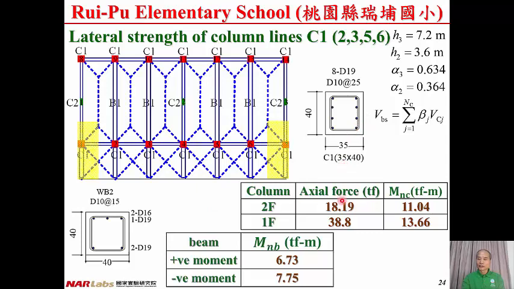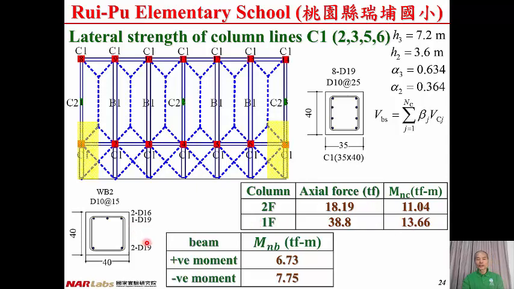of the column, we can have the moment strength on the second floor equal to 11.04 ton force meter. The moment strength on the first floor equal to 13.66 ton force meter.